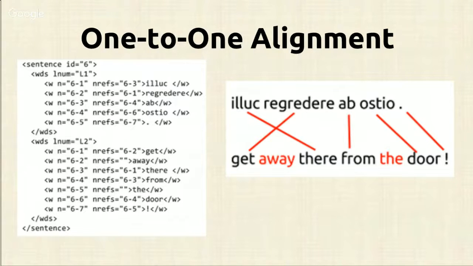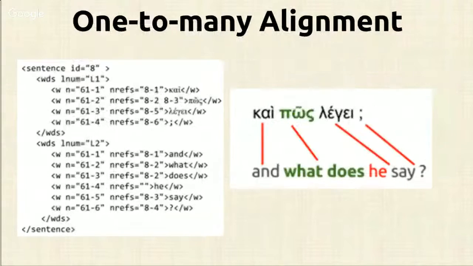We can see in the image on the right side that the first word is aligned to "there", another to "from", and "ostio" is aligned to "door". The same for Greek. If we move to the next one, here we can find one-to-one alignment, in this example Greek-English. We can see one-to-many alignment, like kai aligned to "and".